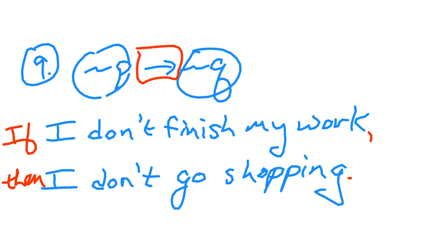Another way to say that is I don't finish my work implies I don't go shopping. We don't have to use the word then. I have a video on all the different ways you can talk about a conditional statement, but this is a good enough answer for number 9. Hopefully that's good for you there.